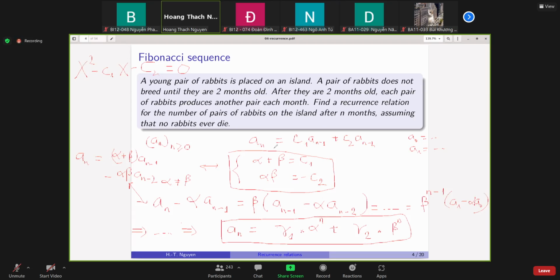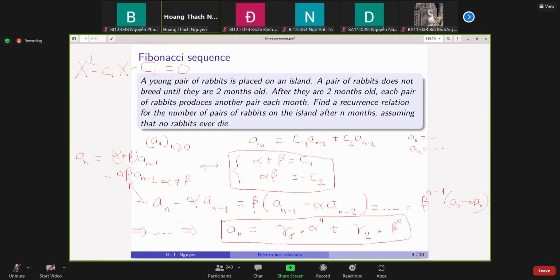So if you have a relation of second degree such as this one, then you will solve this equation to find alpha and beta, and then your generic term will be equal to gamma 1 alpha^n plus gamma 2 beta^n. Of course, this is the case where alpha and beta are different.